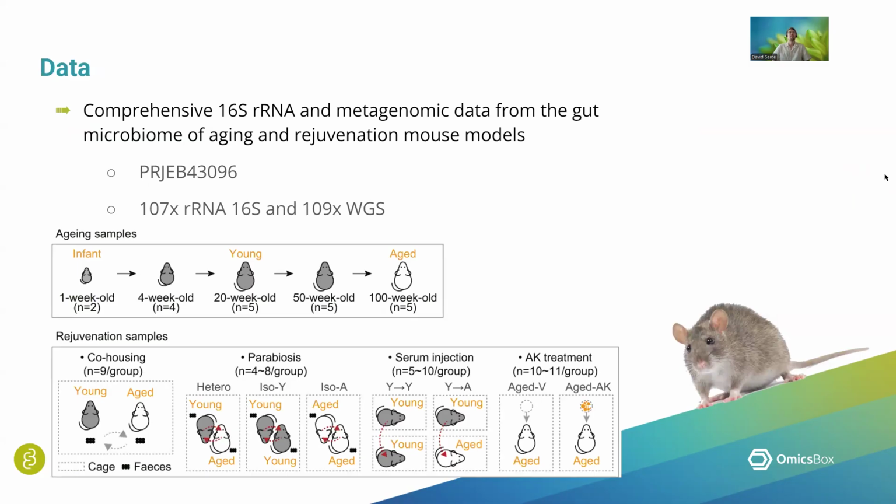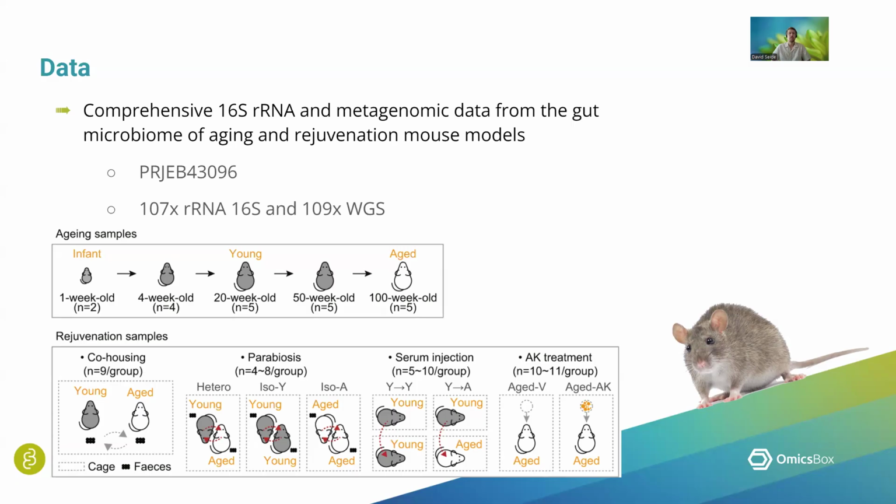The data that I chose today comes from a paper from the Nature journal with the name Comprehensive 16S rRNA and Metagenomic Data from the Gut Microbiome of Aging and Rejuvenation Mouse Models. So the gut microbiota is crucial for host health and longevity.